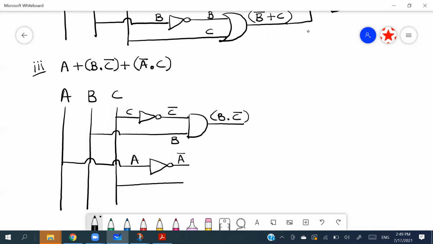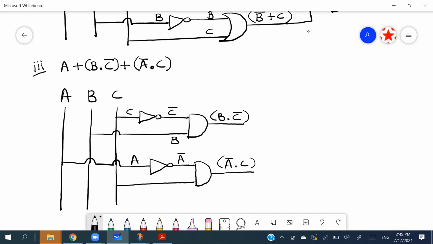And to take the C, here it takes A bar dot C. Right, so two terms are okay. Now that the brackets are done, we are left with pluses: A plus B dot C bar plus A bar dot C.